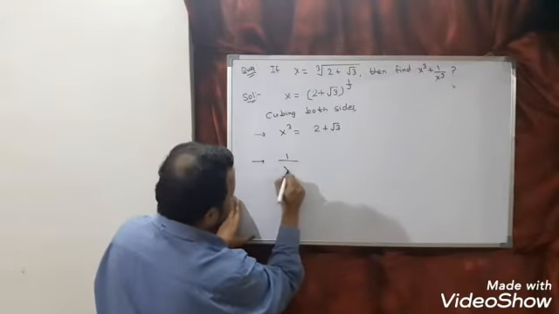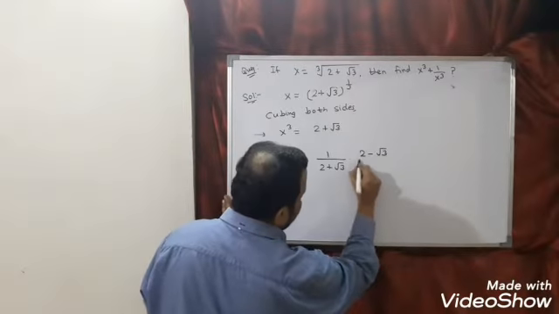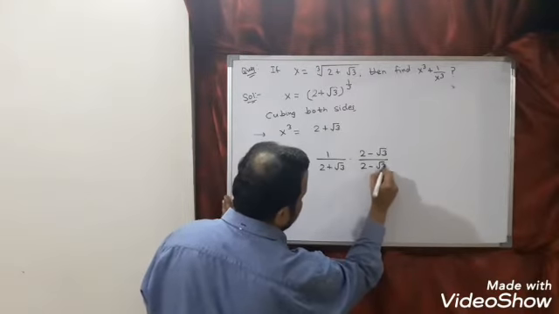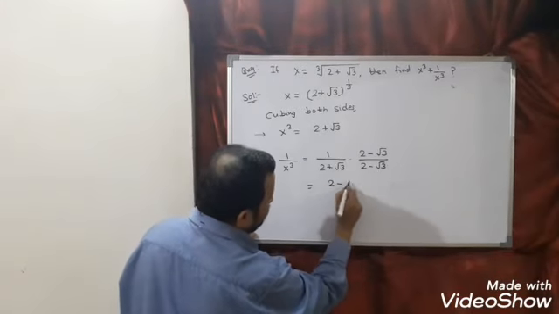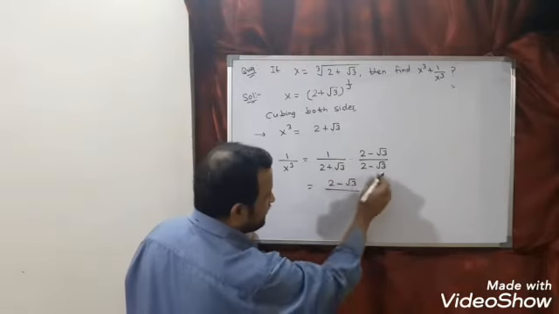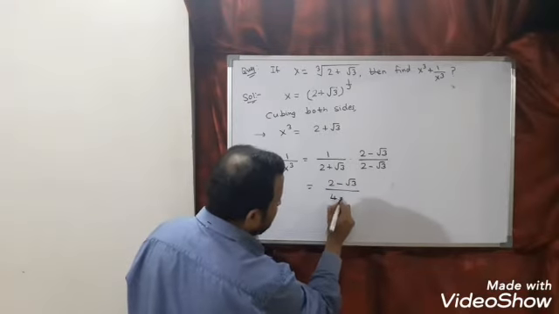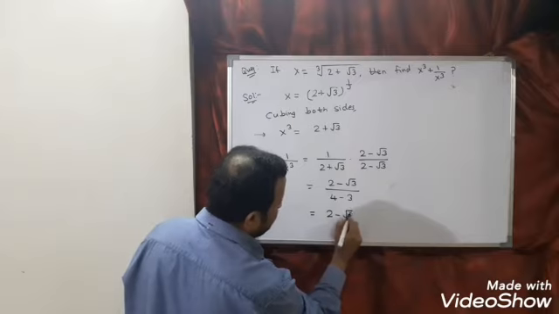What I am doing here is rationalization. Multiply by 2 minus root 3 divided by 2 minus root 3. So 1 into this gives 2 minus root 3, divided by (a plus b) into (a minus b), which is a square minus b square. So 4 minus 3, and we get 2 minus root 3.